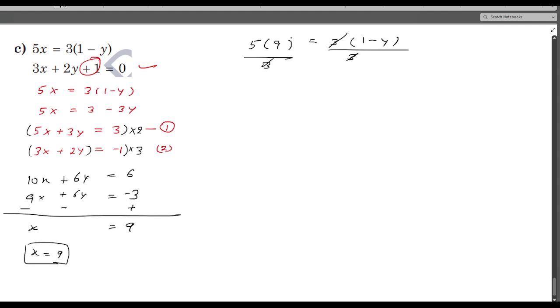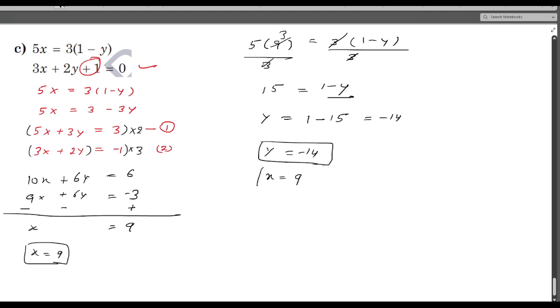This 3 will cancel. 3 times 3 is 9. 5 times 3 is 15 is equal to 1 minus y, and therefore y is equal to, this minus y I bring on left, so y is equal to 1 minus 15. 1 minus 15 is what? Minus 14. So y is equal to minus 14. So x is equal to 9 and y is equal to minus 14.